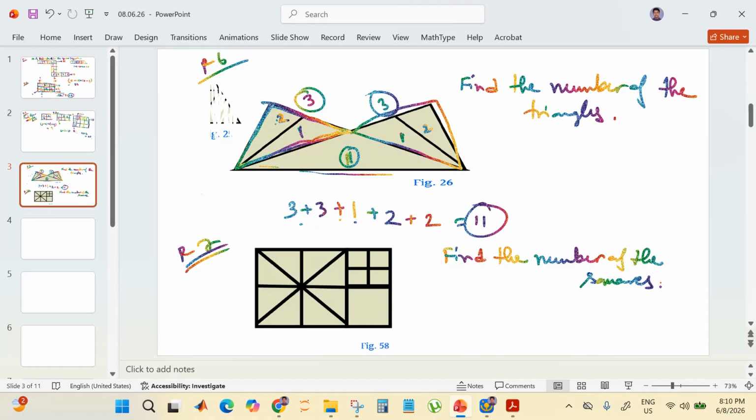Just to recapitulate the last class. It is a square, remember.